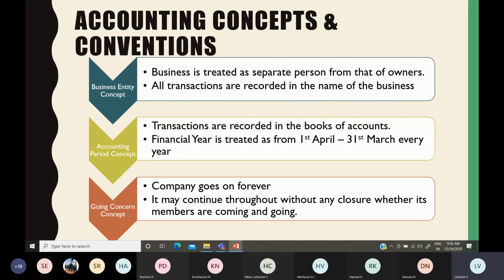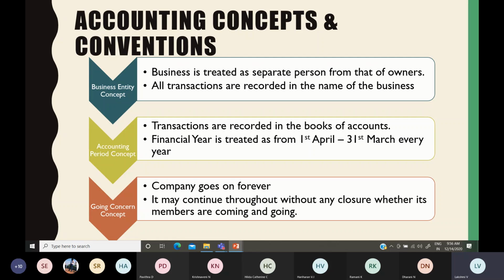So accounting concepts, in that the important concepts are business entity concept. What is meant by this business entity concept? Even though you are starting a business, you are known as the proprietor, that is the owner of the company. If I am starting a business with a name like ABC Limited or XYZ Limited, whatever it might be, all the transactions will be recorded only from the point of view of the business.